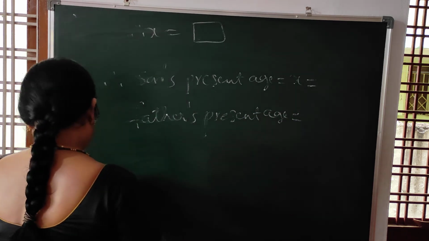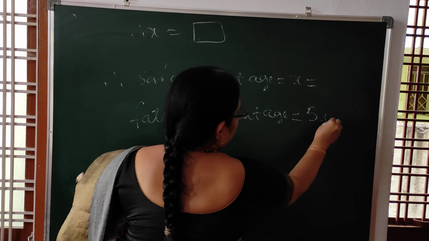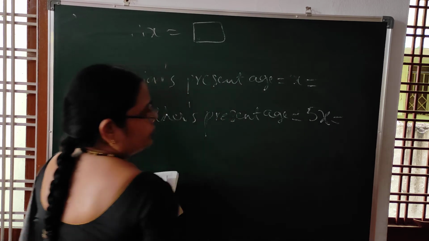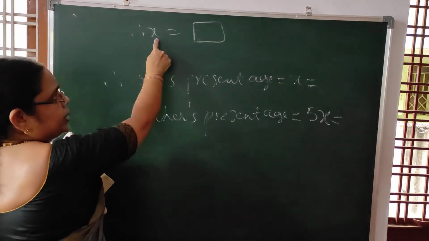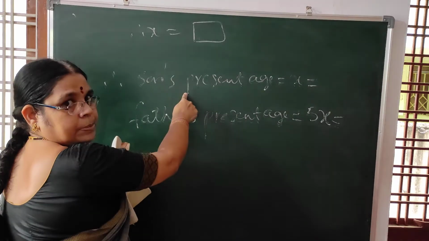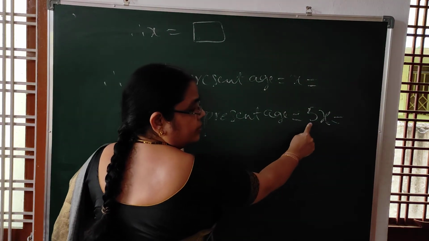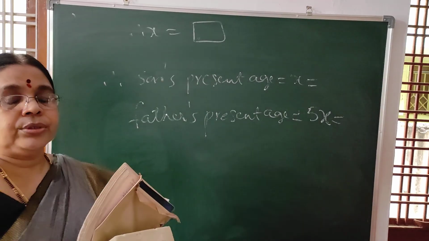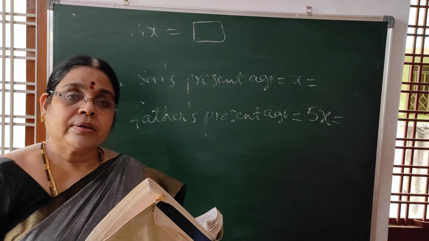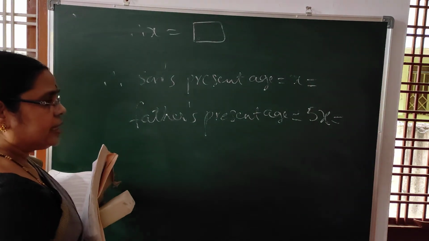The father's present age is 5x years. Once you get x, that gives the son's present age. To find the father's present age, multiply 5 by the x value, and you will get the father's present age.